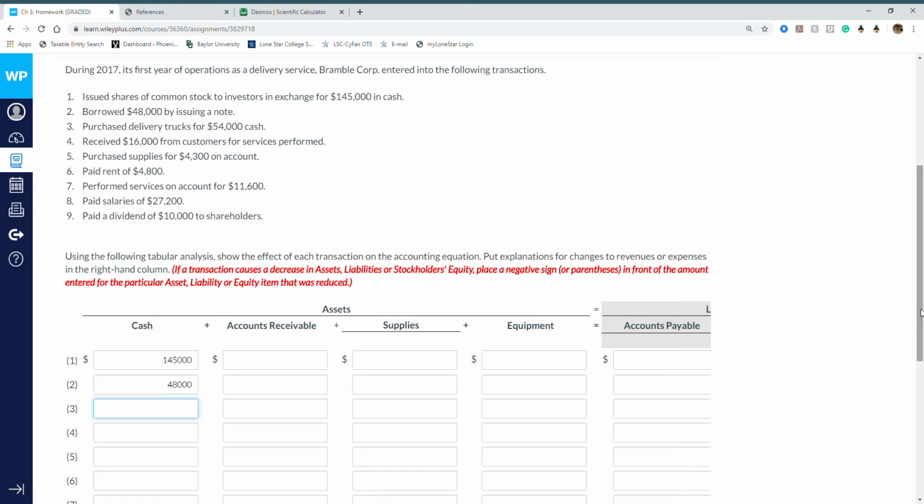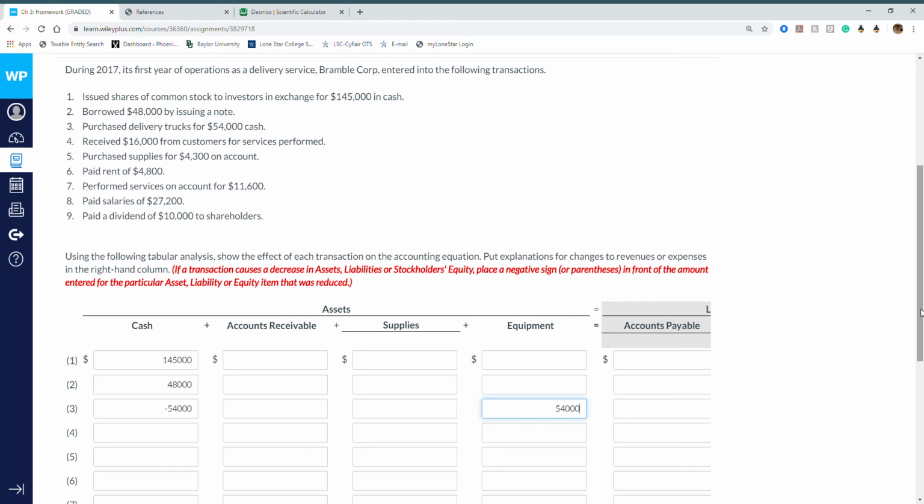Next, we purchased delivery trucks for $54,000. Well, our cash account will go down by the $54,000. Of course, we're purchasing trucks, so that's just like you purchasing your car or supplies. Anytime we purchase, we know the money in our bank account is going to go down. But since we took ownership of another type of asset, we increase that by $54,000.